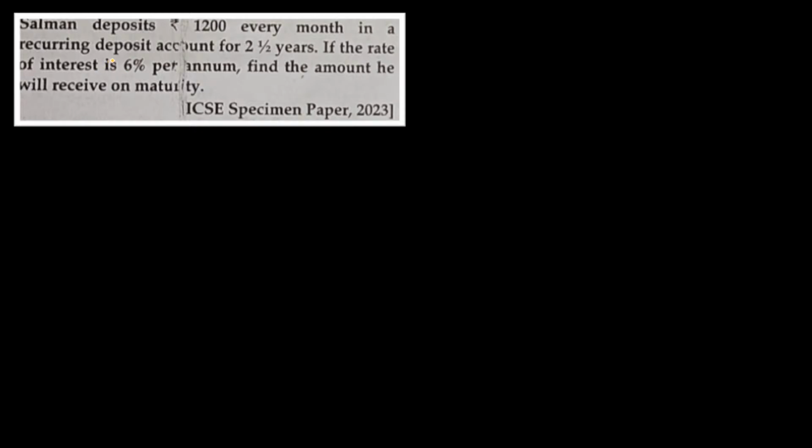In the next question, Salman deposits rupees 1,200 every month. Every month the amount which is deposited is the principal. So principal is given to us as 1,200, in a recurring deposit account for 2.5 years. So N is 2.5 years.